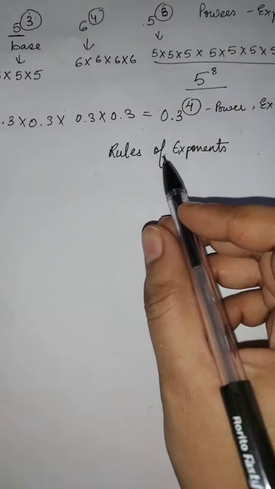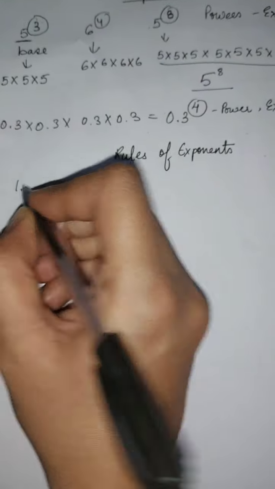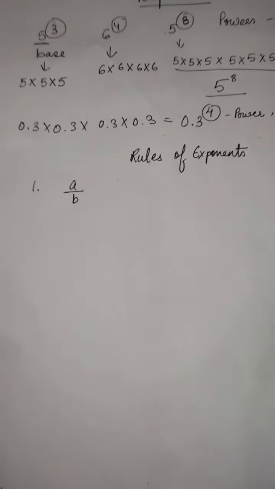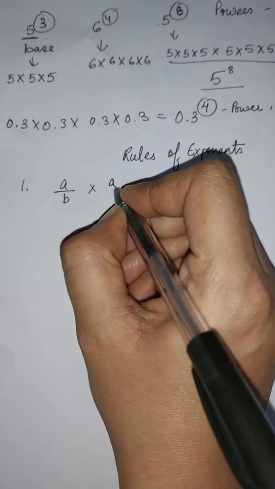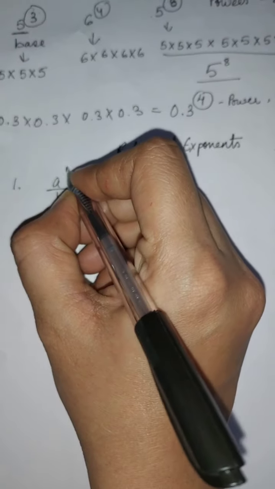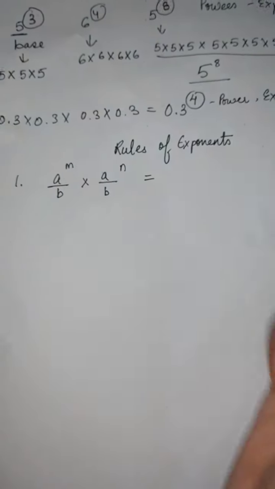Now let's understand the rules of exponents in detail. Suppose sometimes you have a fraction, a upon b written, and it is getting multiplied into the same fraction. Now this fraction has a power m and the other fraction has a power n. So what do you do in this case?